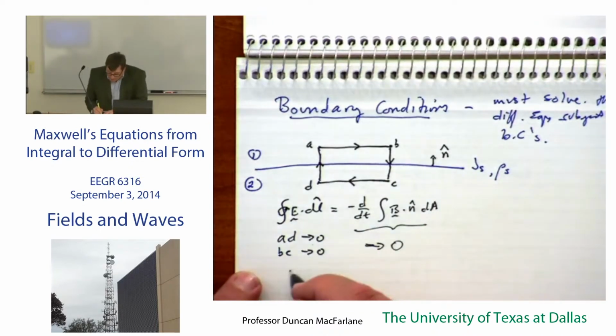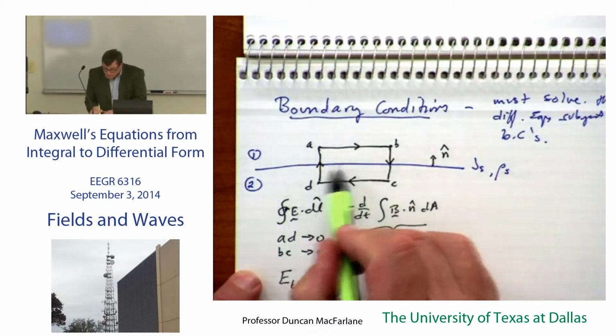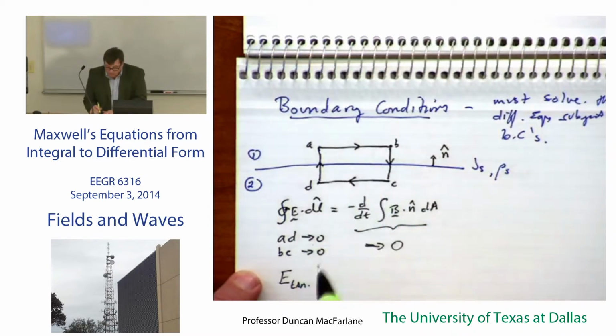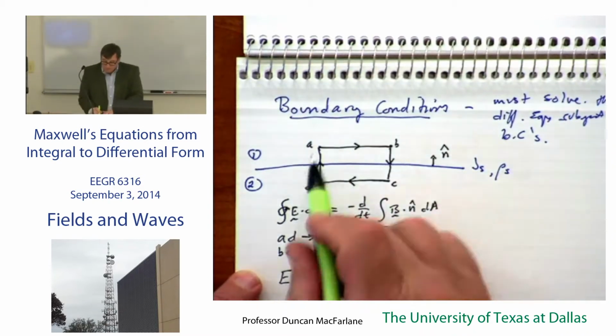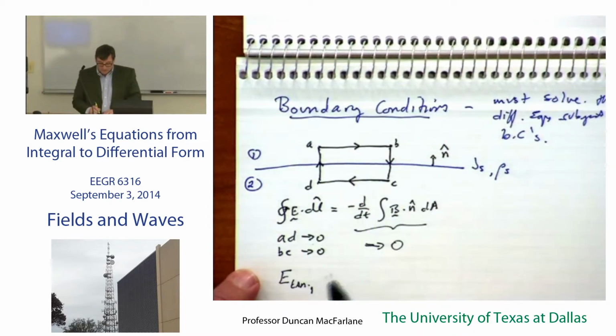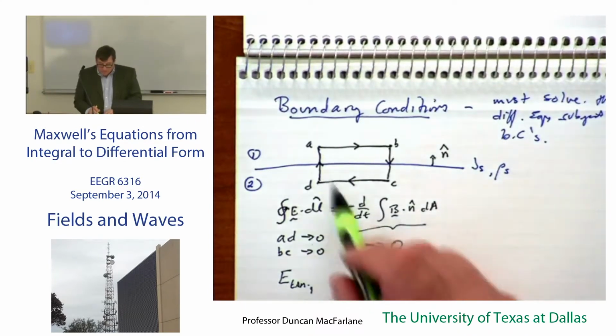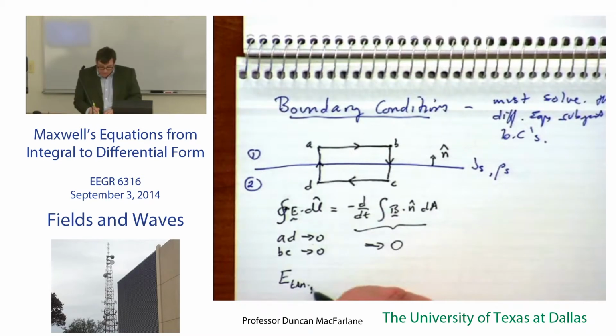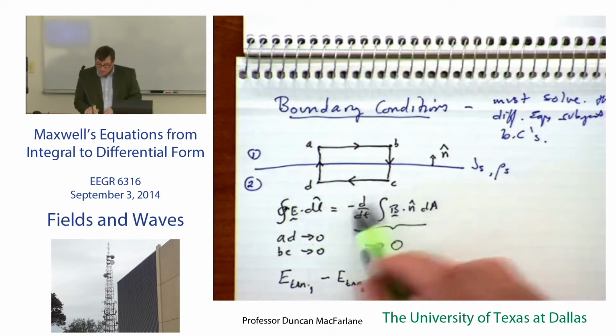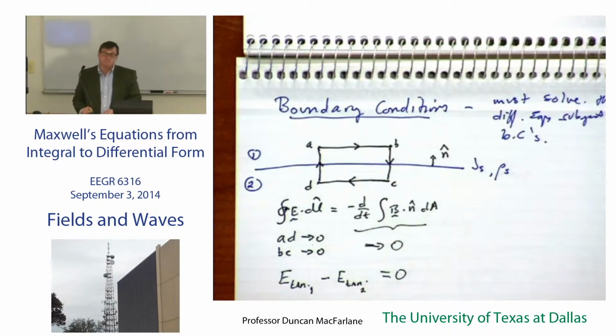So I have E tangential right along the boundary, E tangential in material 1, minus E tangential in material 2, must add up to my right-hand side, which is now 0.